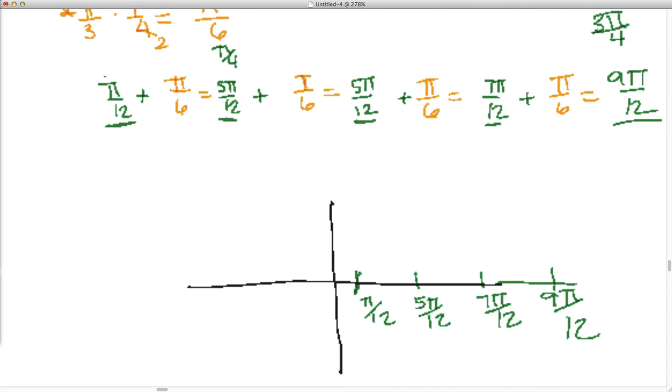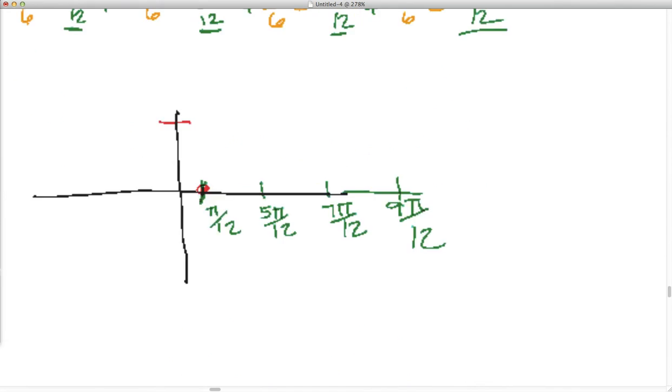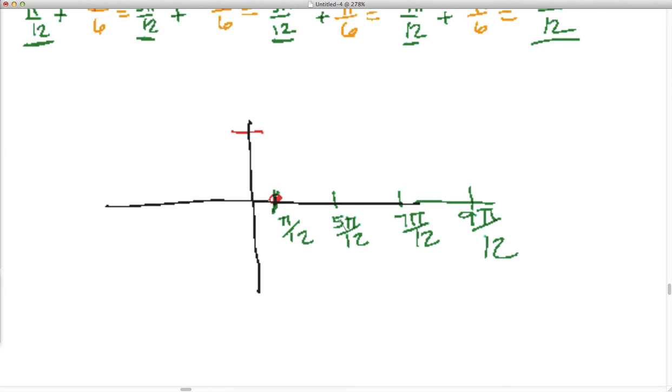Okay, for sine, the first point is always on the axis. The amplitude here is going to be, what was the coefficient up there? 5, I think. 5. So we're going to be going up to 5, and down to negative 5.